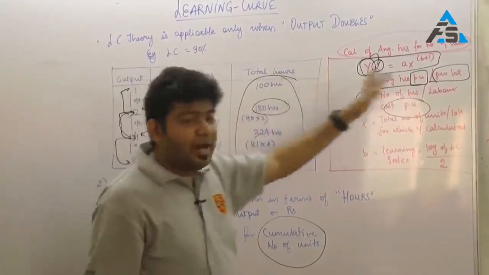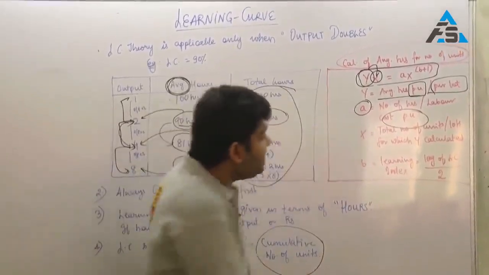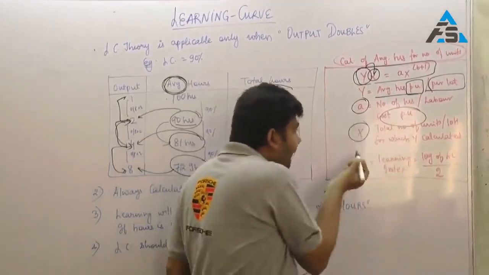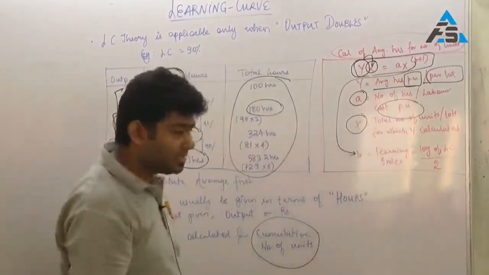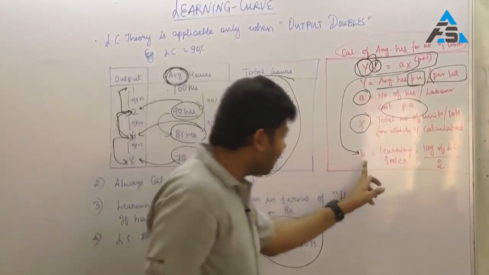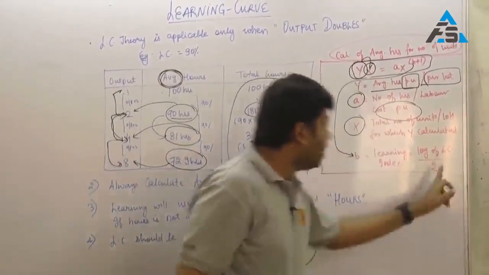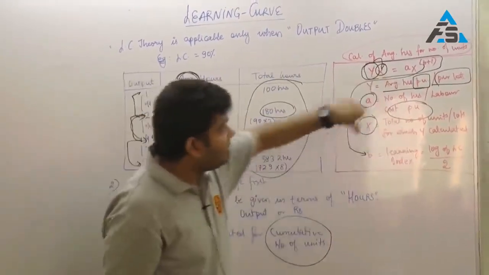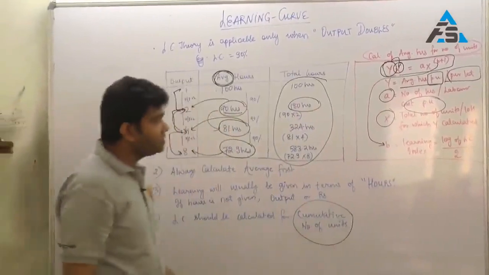A is the number of hours taken for the first unit, and X is to be applied on how many units or lots that are there. And this b is nothing but my learning curve percentage, which will be calculated as b equal to learning index equal to log of learning curve upon log of 2. This in all, when we solve, we will get the average hours if the output is not doubling.